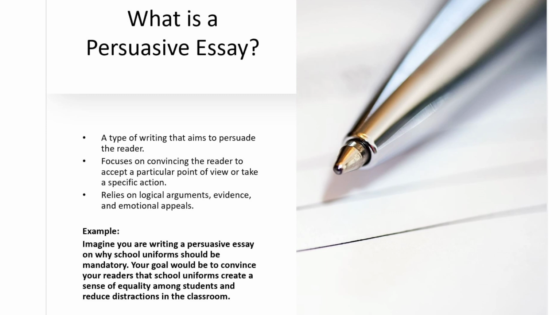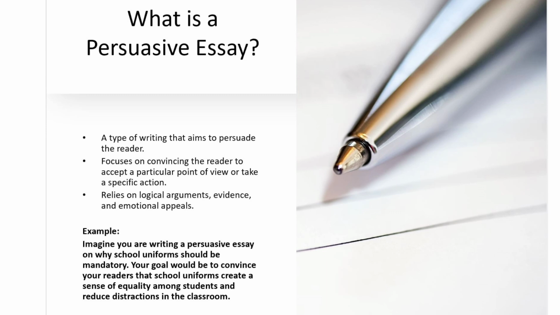To achieve this, persuasive essays rely on logical arguments, evidence, and emotional appeals. This combination helps to build a strong case for your position, making it more likely that the reader will be persuaded to see things from your perspective.